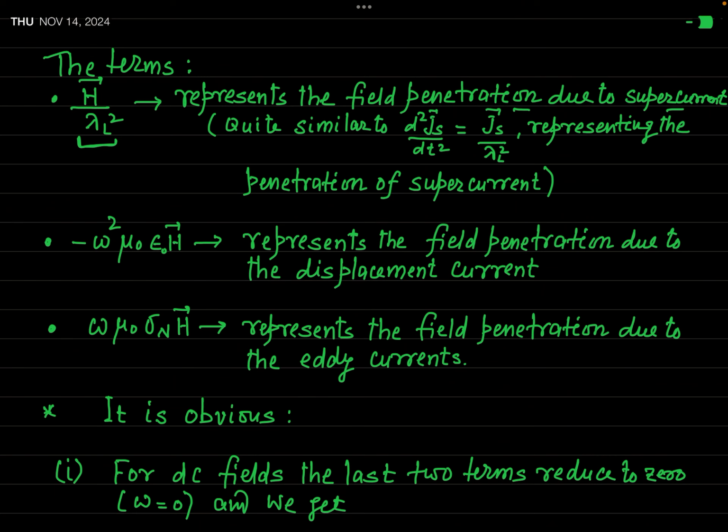Because you have learnt in the previous part of the lecture on the London equation that d2Js by dt square is equal to Js over lambda L square. This is analogous to that.